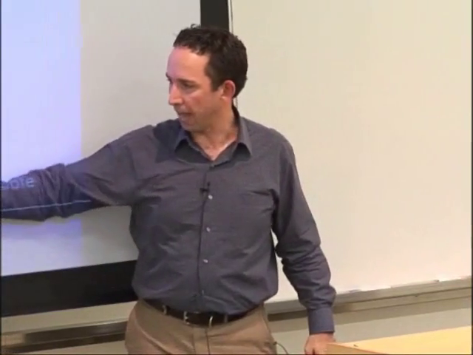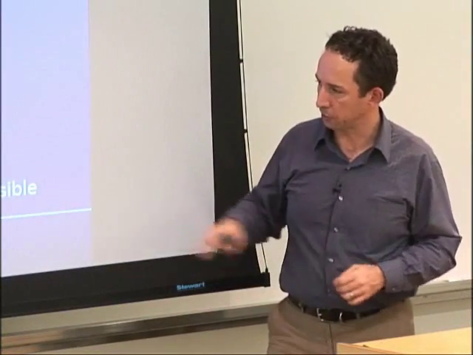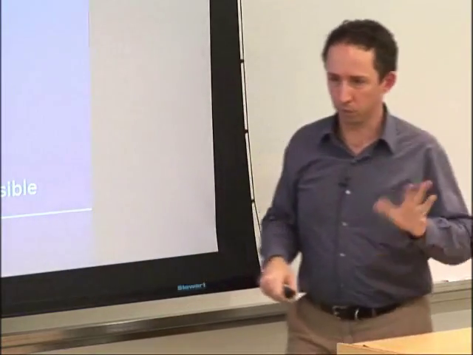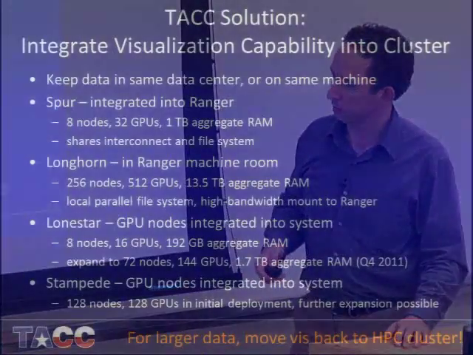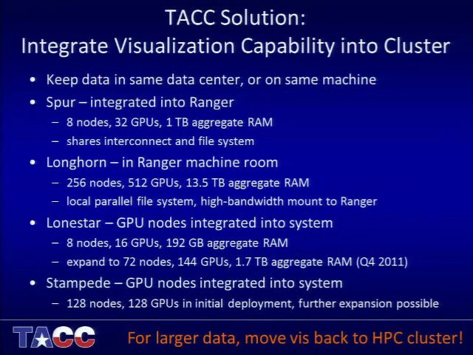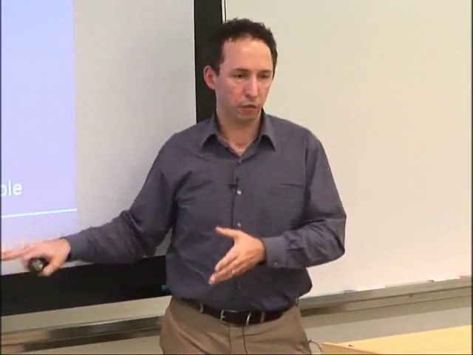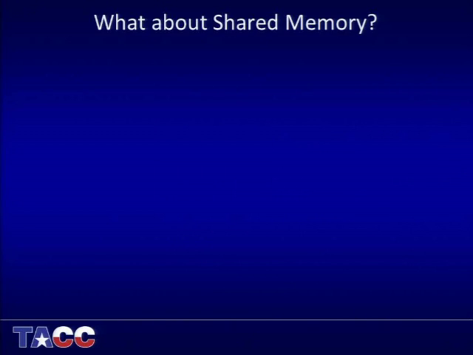So this will have 128 nodes, each with probably a Kepler GPU from NVIDIA, and also each node will have an Intel MIC across the entire system, which will be on the order of thousands of nodes. So that'll be interesting to experiment with. And so for problems that don't operate on the Viz subsystem, we use software rendering and we move it back to the HPC cluster.